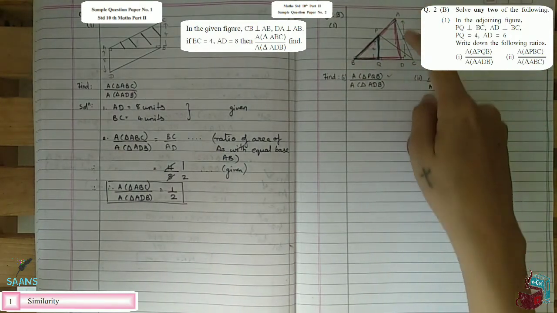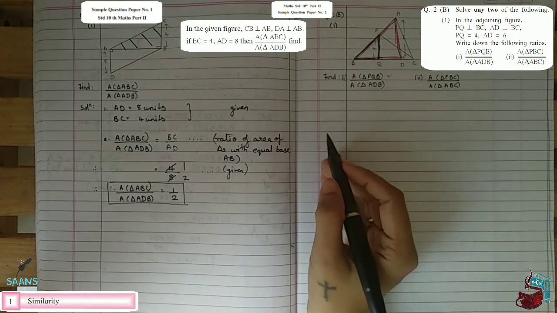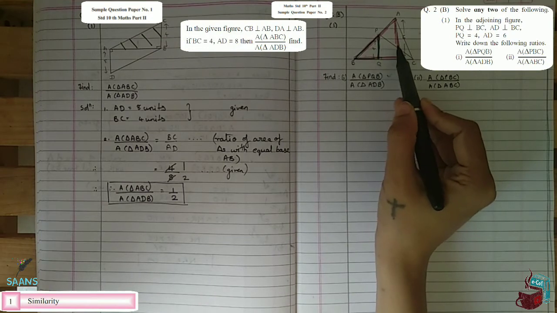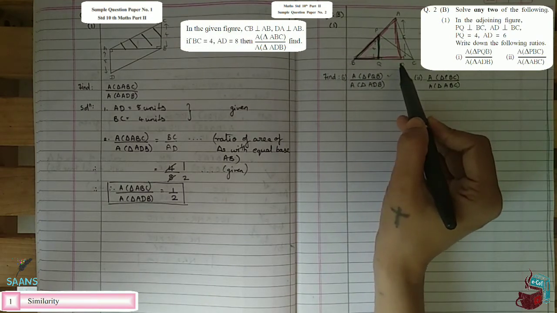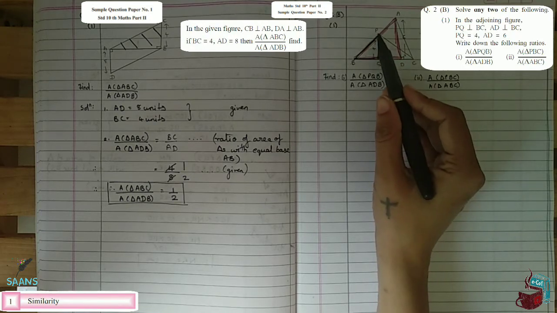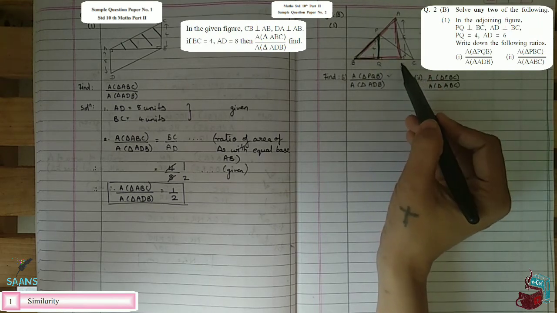Okay, AD is perpendicular to BC. So you can see height is different and base is also different. Let's write it down. PQB, ADB.